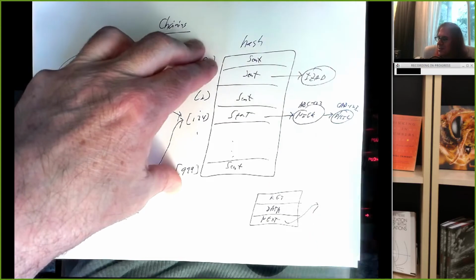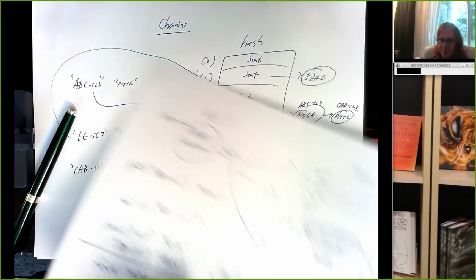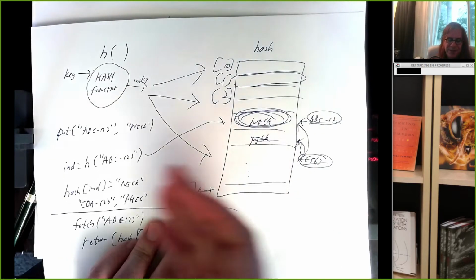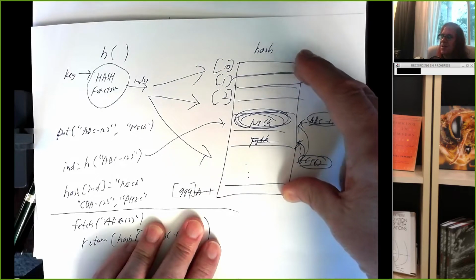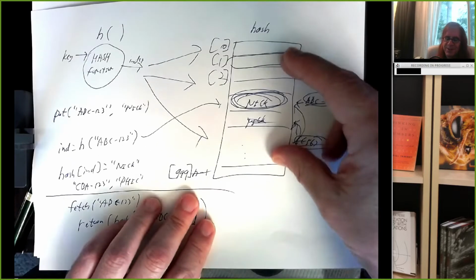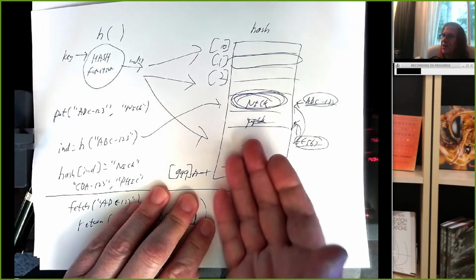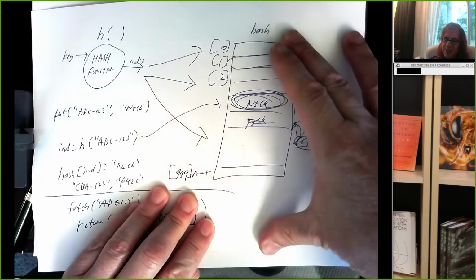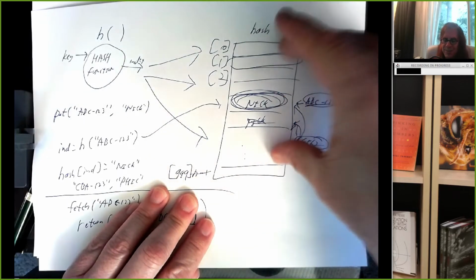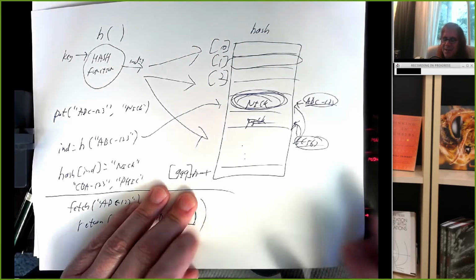If I'm actually storing the data in my array, even if I'm very clever with my hash function, at most I can store 1,000 pieces of information in here, and then my array is just full. It's not just a question of collisions after that. There is nowhere left in here to store information. So unless I grow my array somehow, which you can do, I'm stuck. It's got a fixed amount of maximum storage.